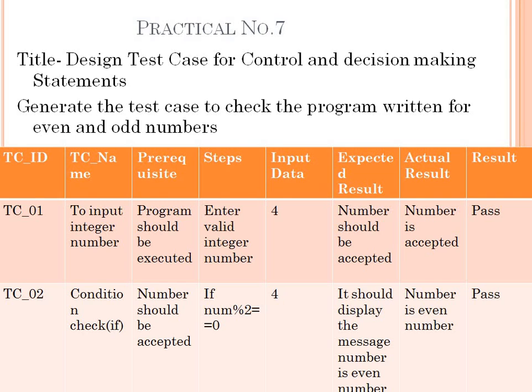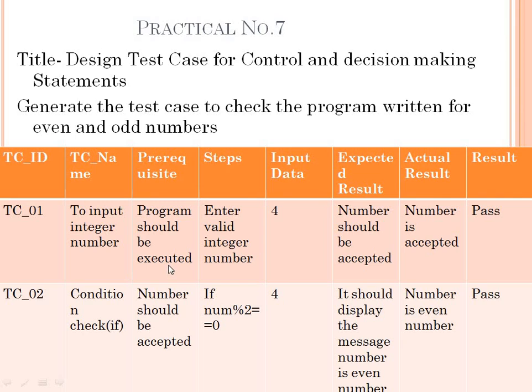By using the test cases we check the control and decision making statements, to see whether our program is right or wrong, and we check the execution flow of the program.